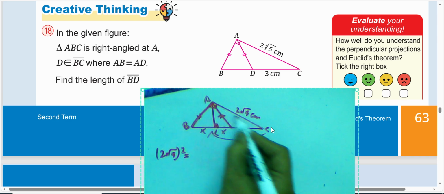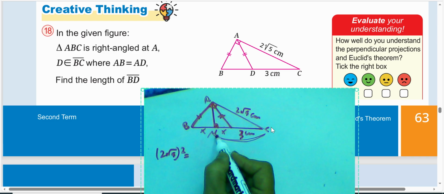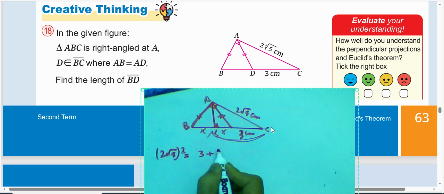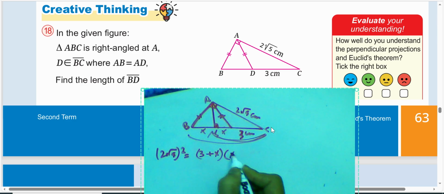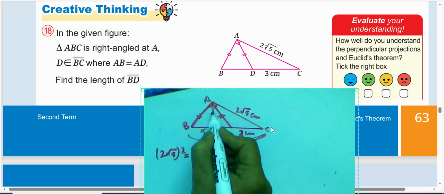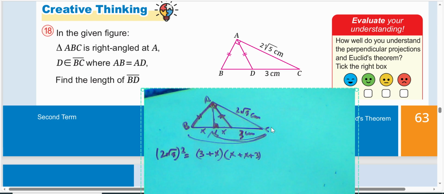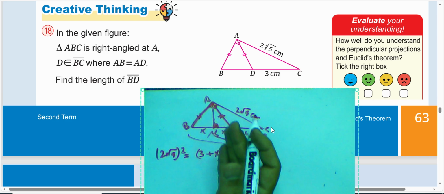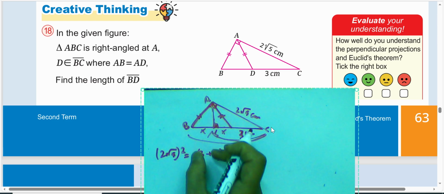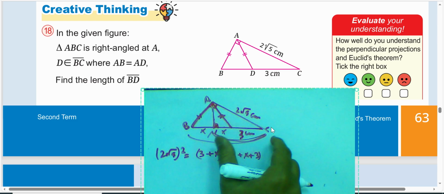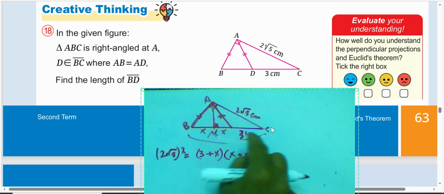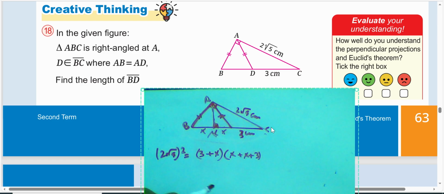Then 2 root 5 power 2 equals the conjunct, CM, 3 plus x, product by the hypotenuse x plus 3. Again, I will draw this line segment perpendicular to the base, and we have an isosceles triangle. This straight line which passes through the vertex and is perpendicular to the base will bisect the base into 2 equal parts. Then 2 root 5 power 2 equals this conjunct CM product by the hypotenuse, 3 plus x product by x plus 3.